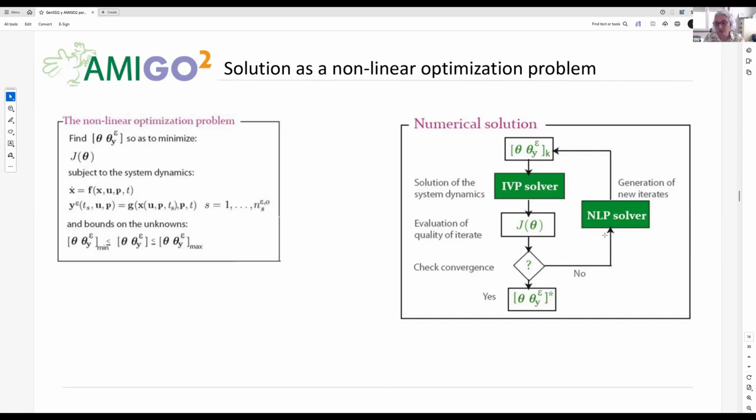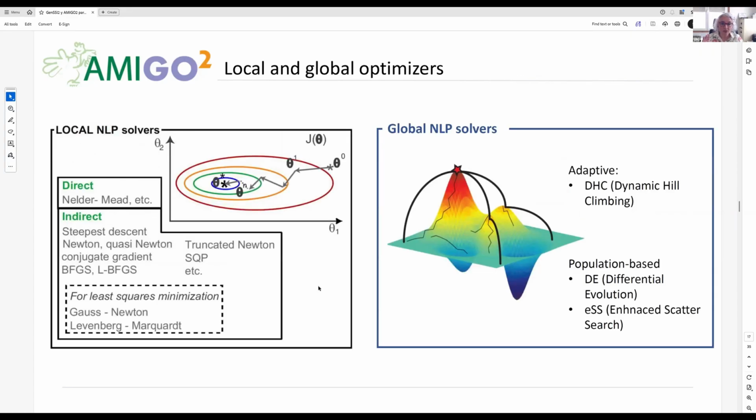So the idea is to use an optimizer, which is able to automatically generate parameter solutions and eventually converge to the best possible solution. AMIGO offers a collection of local and global optimizers for doing so. Local optimizers are well suited for problems with one single optimum, so convex problems. AMIGO includes several possibilities.